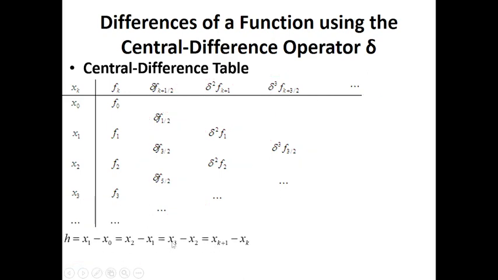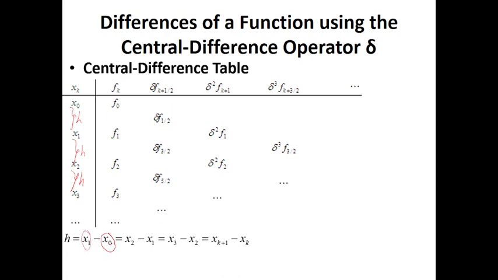So as you notice here, we have the interval h, the tabular interval h. It is uniform, no? This is uniform. So h is constant. This is obtained by subtracting the preceding value of x from the successive value of x.